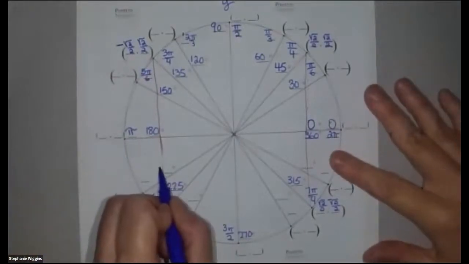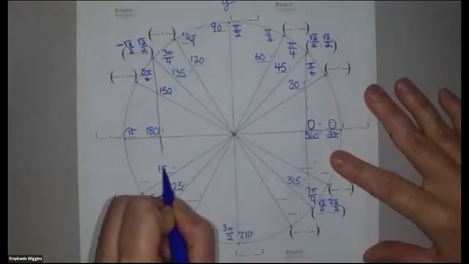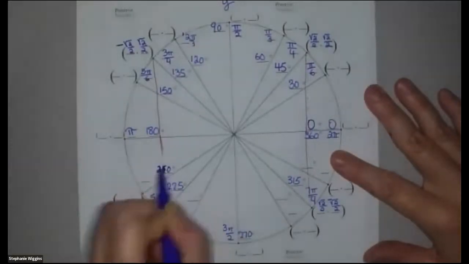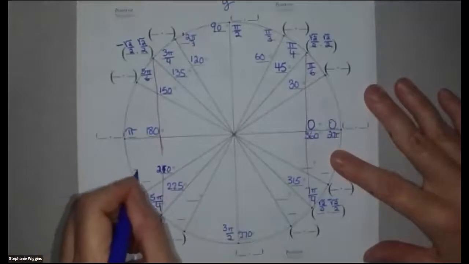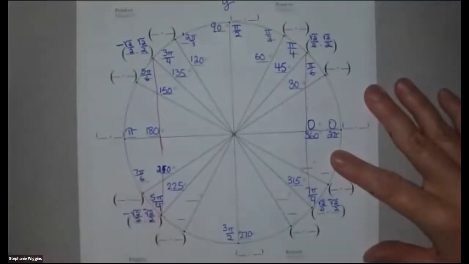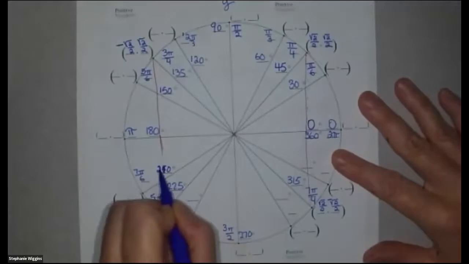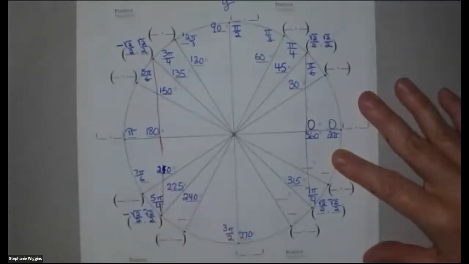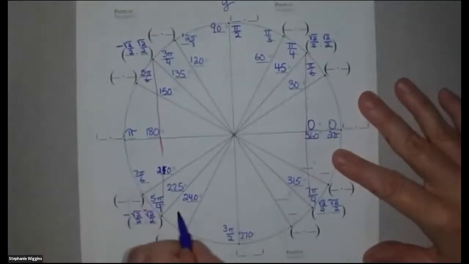Here we're going to have 210, which is going to be 7 pi over 6. That's supposed to be a 1, by the way. It looks like a 4, but this is the 240 here. And then this is going to be 8 pi over 6, which is 4 pi over 3.